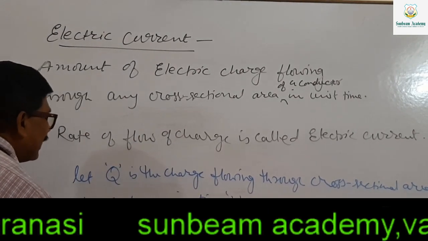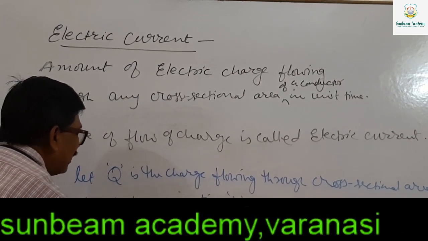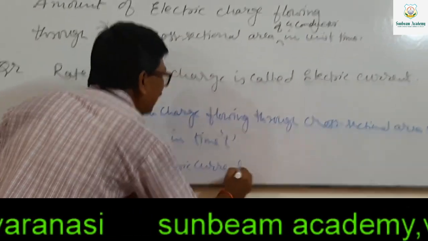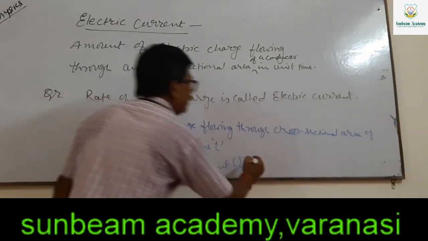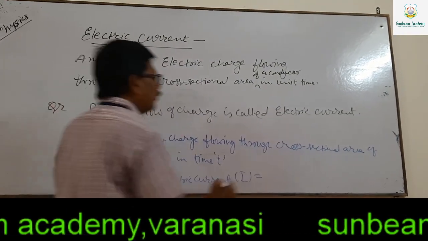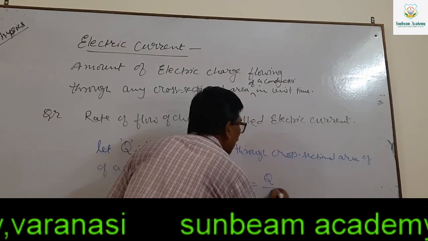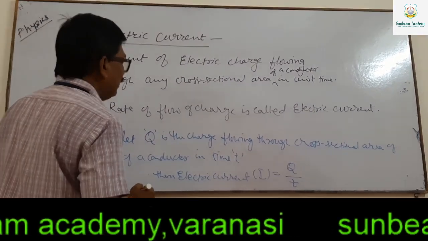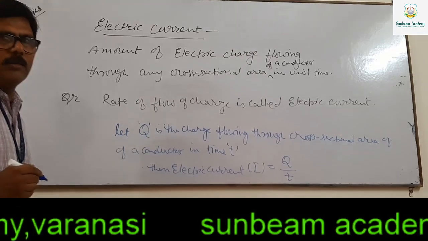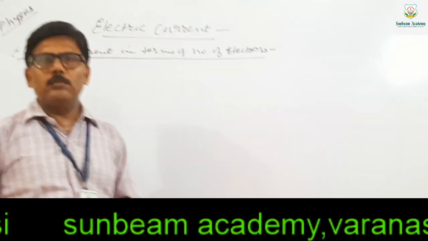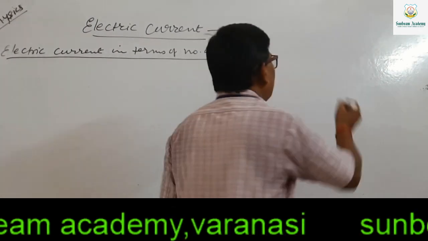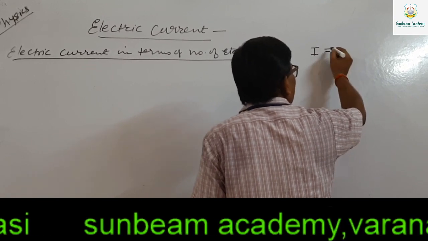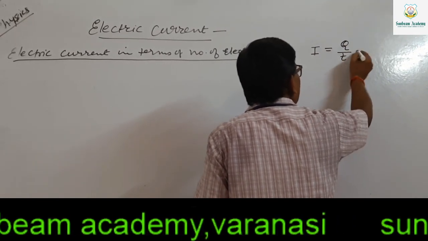Then the electric current I is equal to the rate of flow of charge, that is charge Q upon time. I is equal to Q by T. Since I have already explained that the rate of flow of charge is known as electric current, that is I is equal to Q by T.